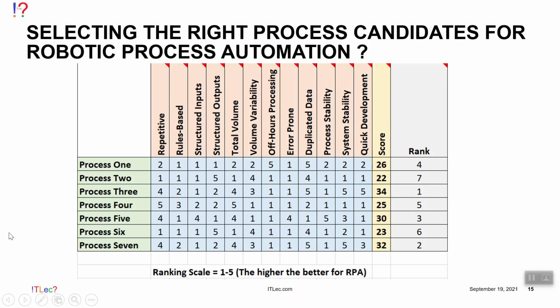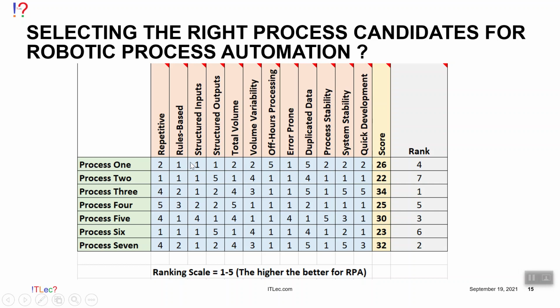So, for example, if I have process one, it contains a lot of repetitive tasks, so I can give it, for example, 5. But is it rule based? No, it depends on the mentality, for example, of the owner. Let's say it is a family business, so the owner is usually doing whatever in this one.